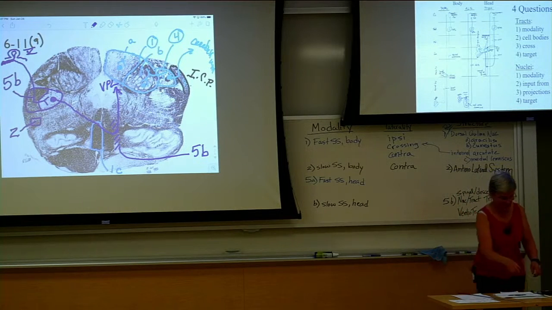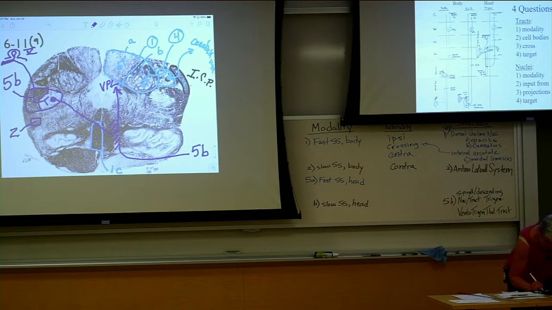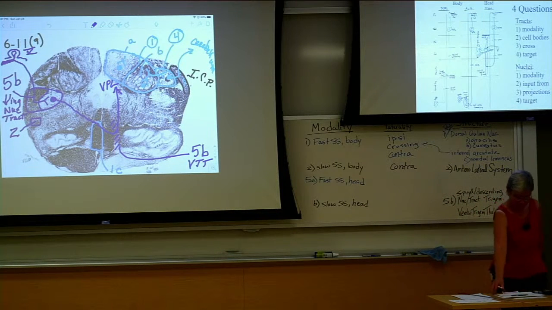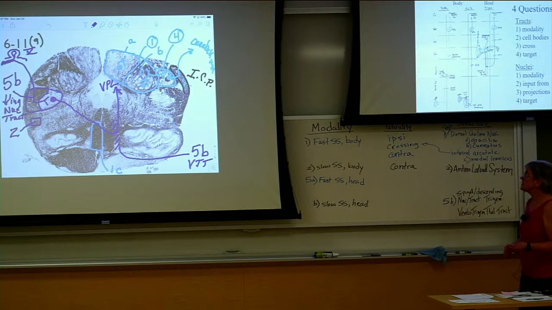So let's make this a little bit clearer by making it, this is VTT, and this is the descending nucleus and tract. But that's all slow somatosensory information heading on up to the thalamus.